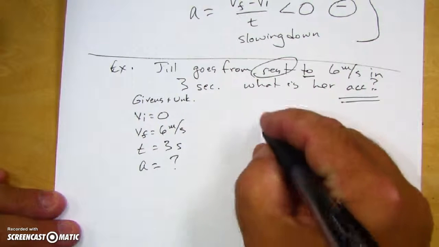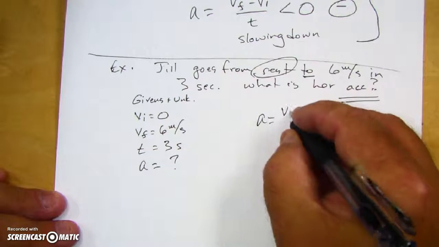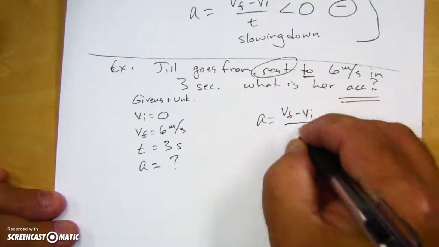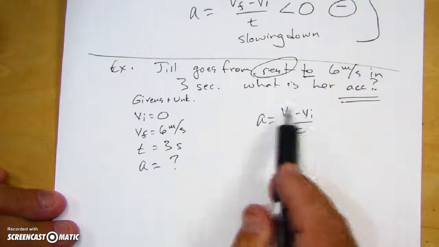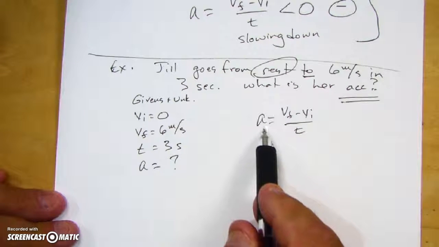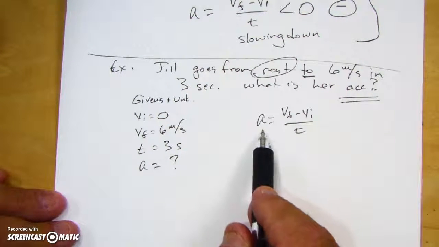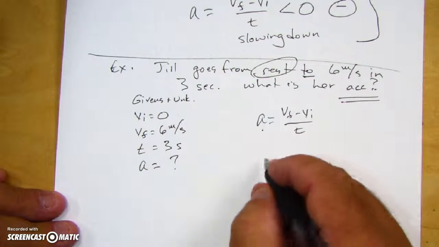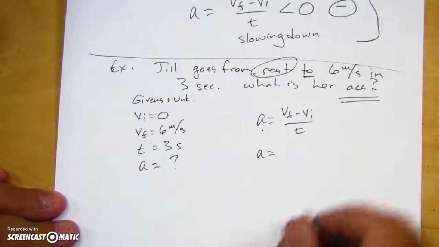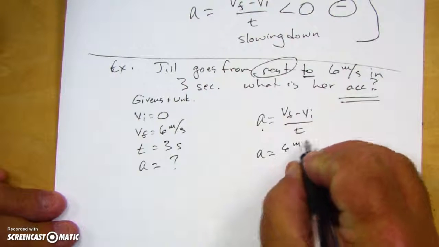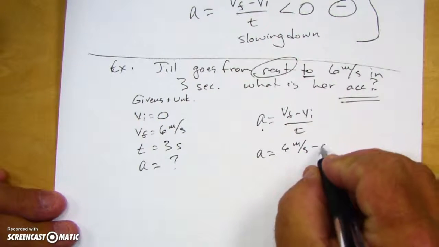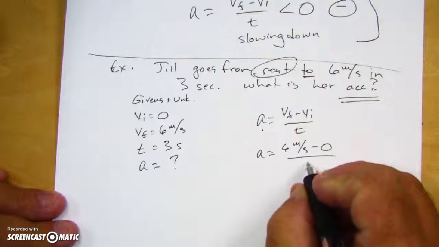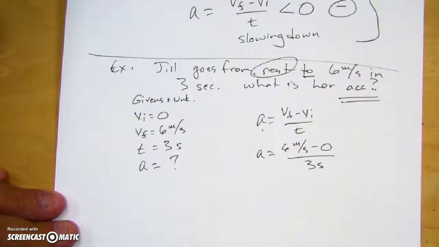We know that our basic equation is VF minus VI over T. I would do any algebra you need to do before you solve it. This is already done algebraically because you're looking for A, so you don't have to rearrange it. A is equal to 6 meters per second, notice how I leave the units in, minus 0, divided by 3 seconds.